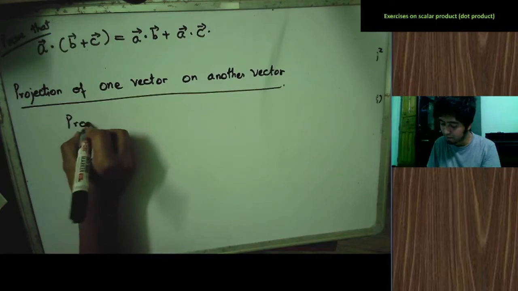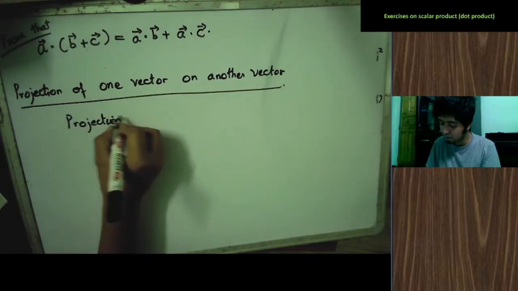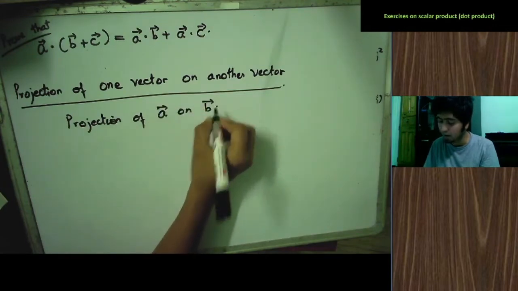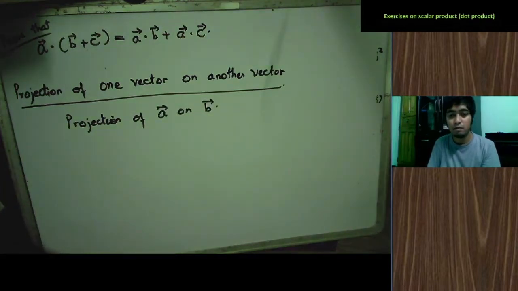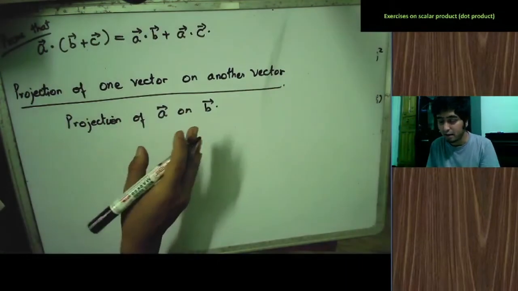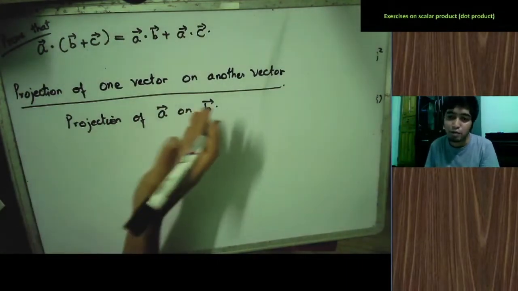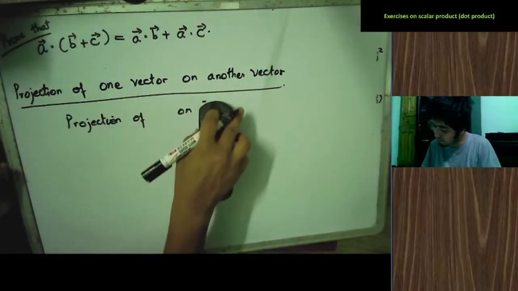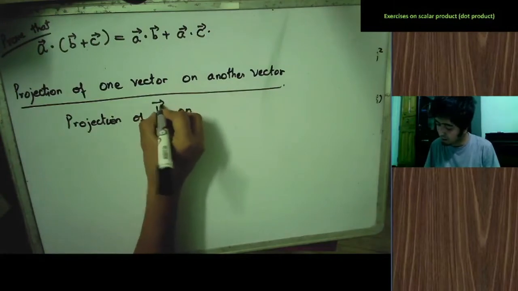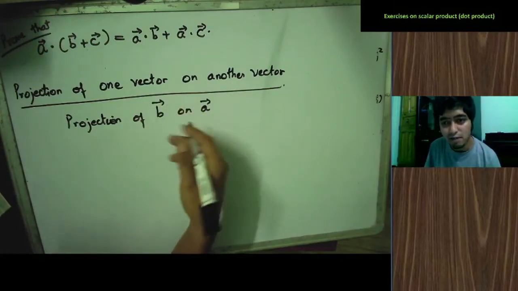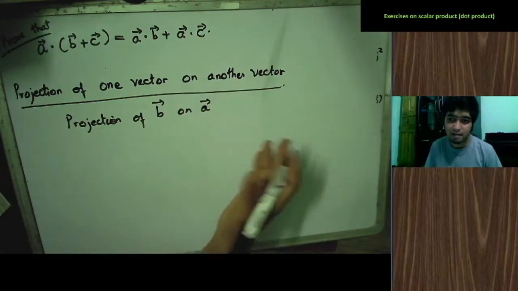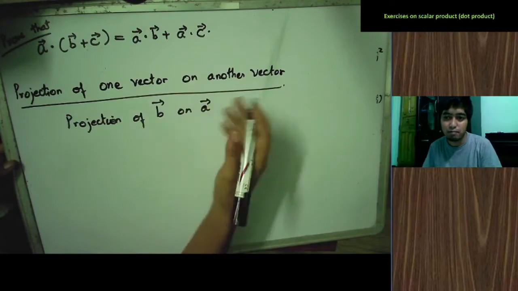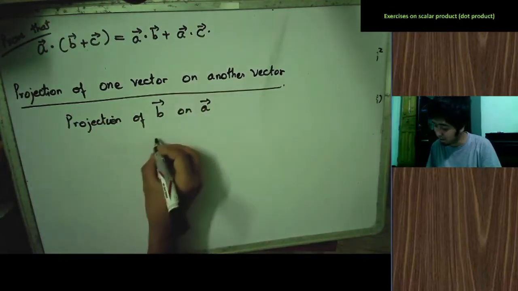Projection of A on B. Let us try to project vector A on B, or you can even project B on A, doesn't matter. Maybe let us project B on A. Again, these are just symbols, you can easily interchange. You can interchange the diagram which I will draw. So B and A, they are vectors, so there will be some angle in between them.